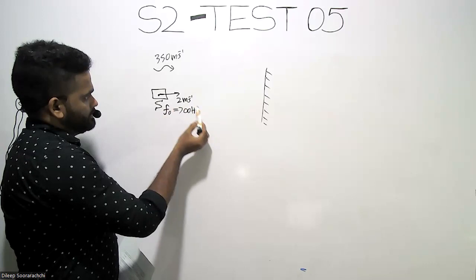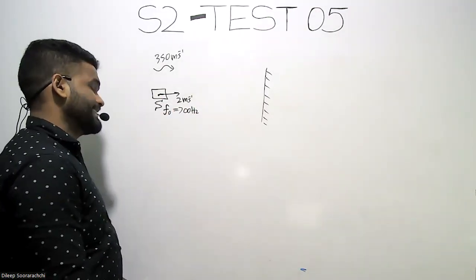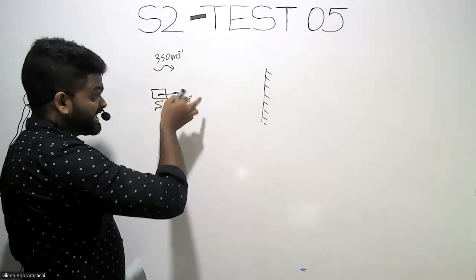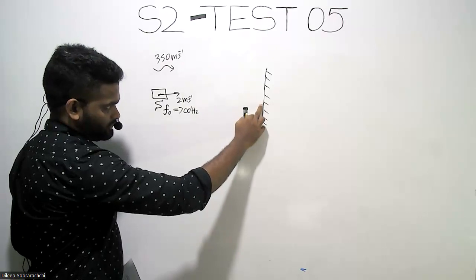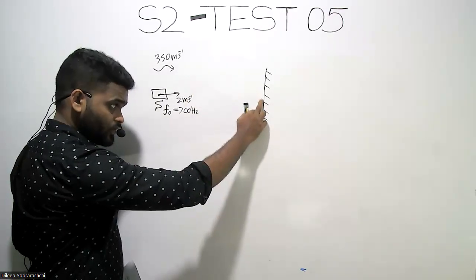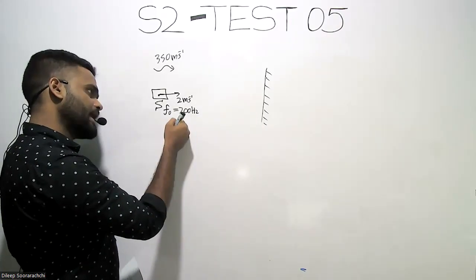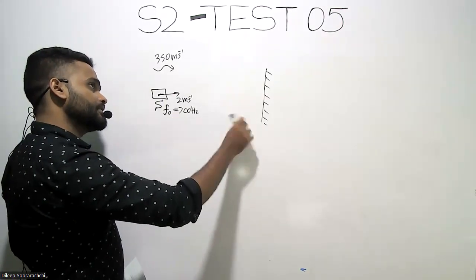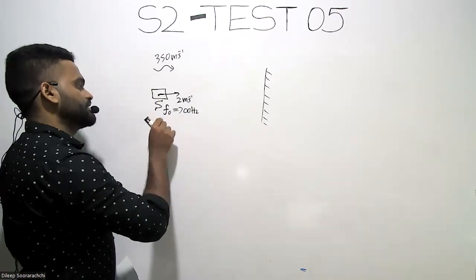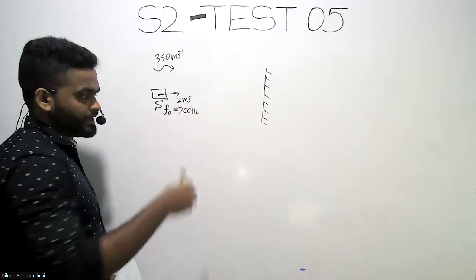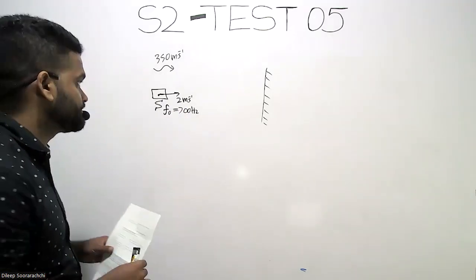The 700 Hz is one sound source heard by the driver in the ambulance. The other sound source is the sound waves that hit the wall, reflect off the wall and come back with a slightly different frequency. Then that frequency and this frequency are going to create beats. Let's see how that happens.